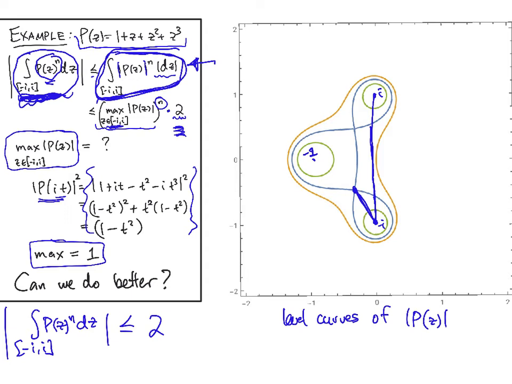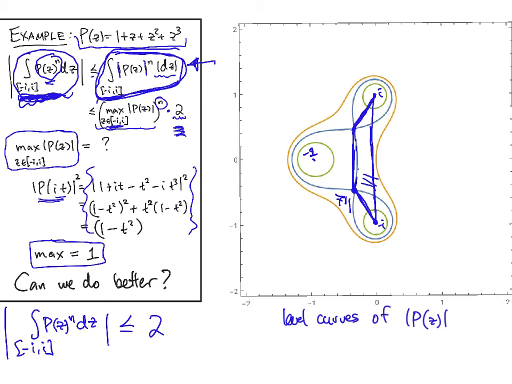And if you head here, I haven't crossed into these higher values of modulus of P. Now, you could sort of follow along this level curve, but it bends to the right. And so just by eyeballing it, you could check this more precisely, but you might as well follow as short a curve as you can to improve your estimate. And so by doing this, I'm making my curve short, and I'm choosing places where the modulus of P is small. And then I'll head to the final point just along a straight line.